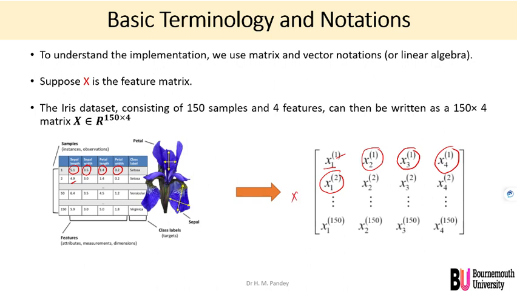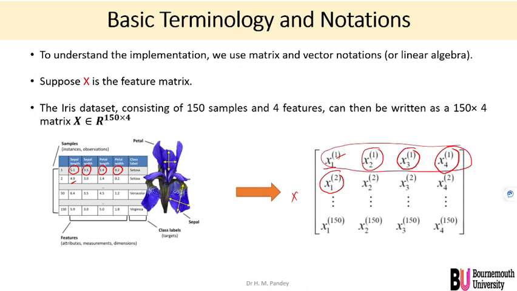So this is just a simple representation of your data set, and you should know this because you are going to write your program, and in your program you are going to create matrices, perform some operations on the matrix, create vectors, and perform operations on the vectors. For example, you do not want to consider all the 4 features, all the 4 attributes.